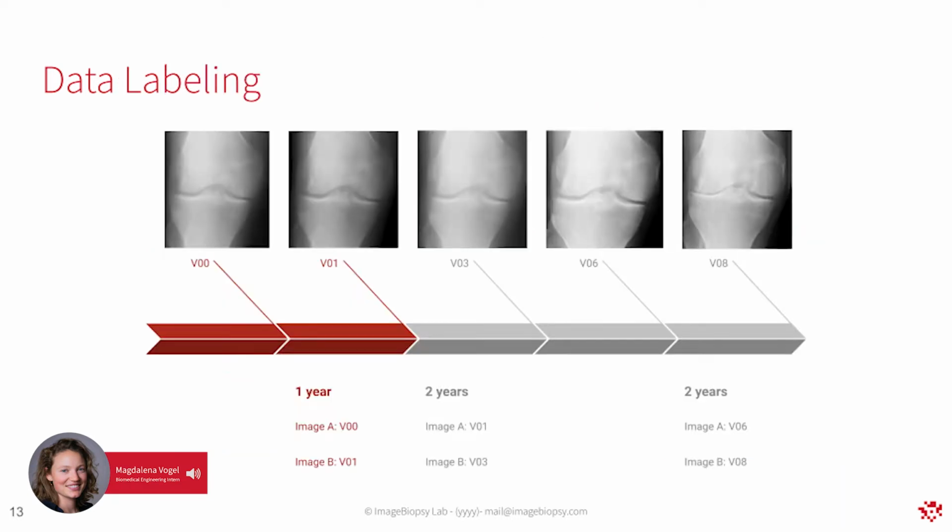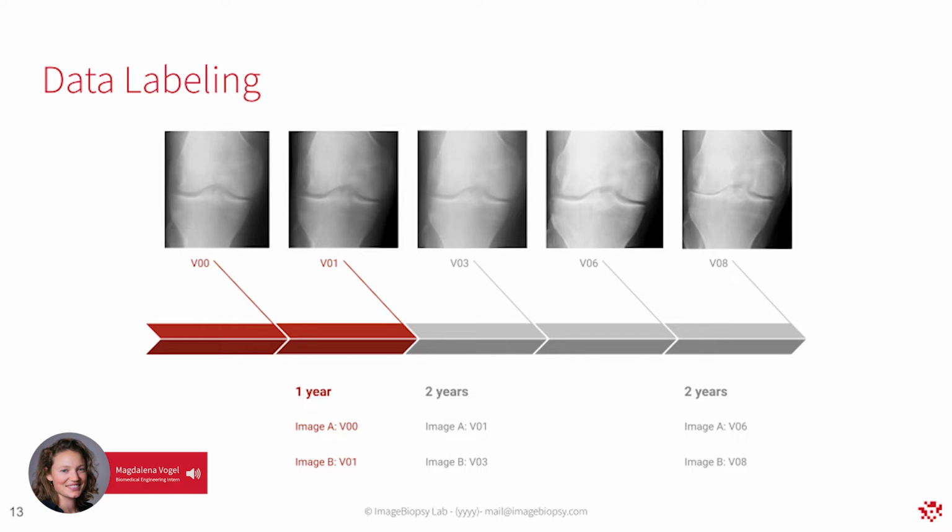Like this, we have several knee images from one patient. For example, here the patient has 5 images from year 0 to year 8. And now we want to label the images as fast or slow progressor. So we need to calculate the joint space narrowing, and therefore we need an image 1 or at least 2 years later.